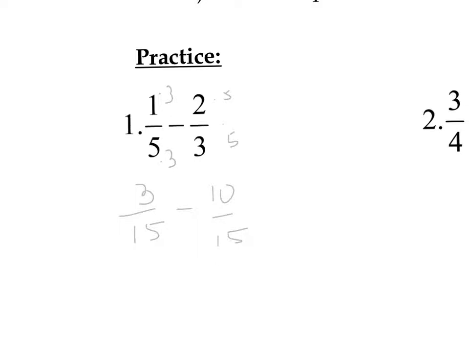So 3 minus 10 is -7, so the final answer is -7, and please keep the same denominator, okay, which will be 15. This fraction is a proper fraction, so you cannot simplify this, and that's your final answer. Okay?